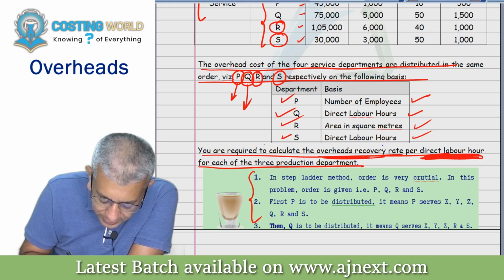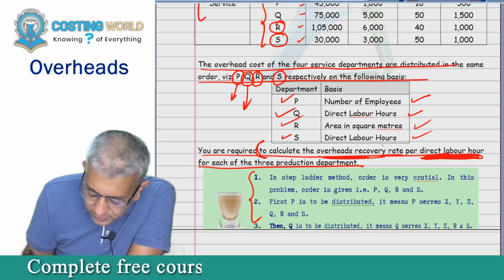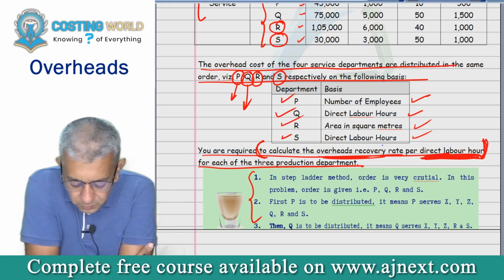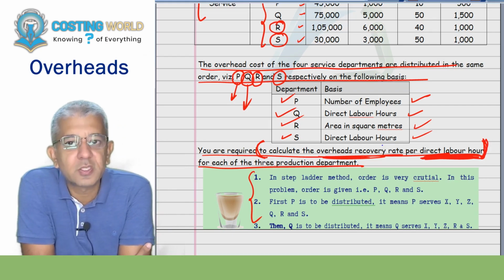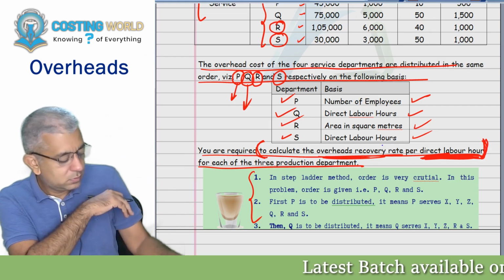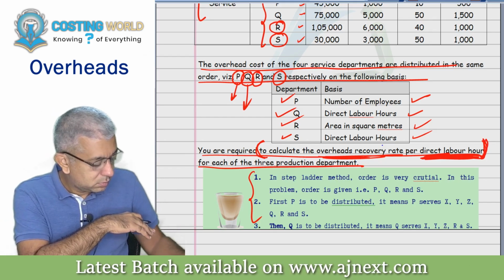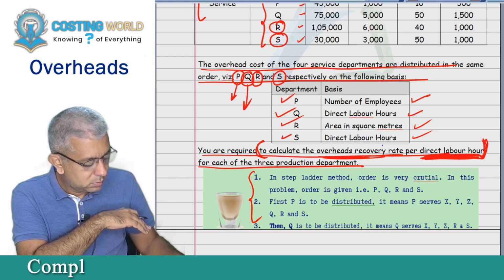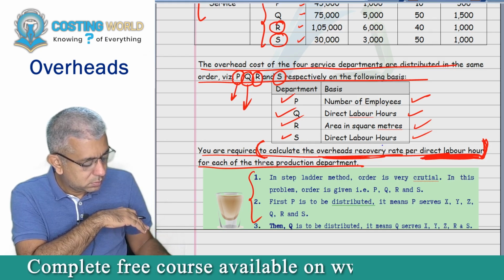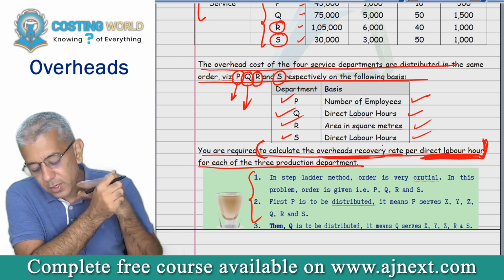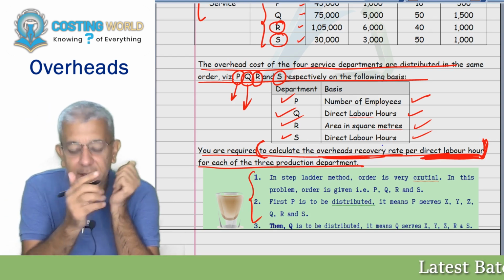Statement to calculate overhead recovery rates per direct labor hour.